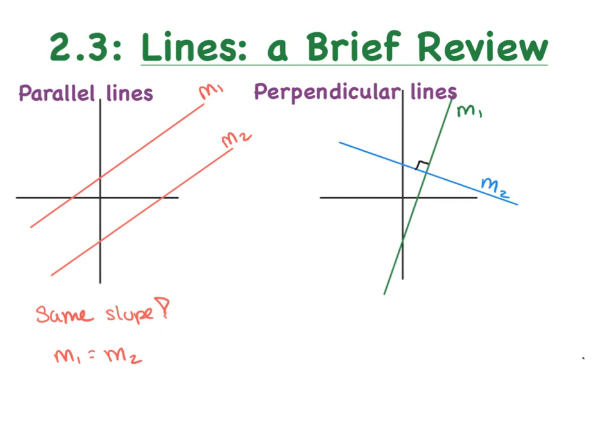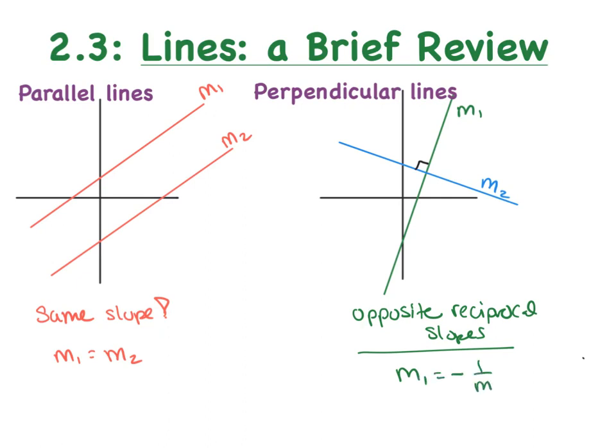That would be a negative number. In mathematics, we call those opposites. So perpendicular lines have opposite slopes, meaning one's positive and one's negative, and reciprocal slopes. What that means is, in mathematics, m1 equals negative 1 over m2.